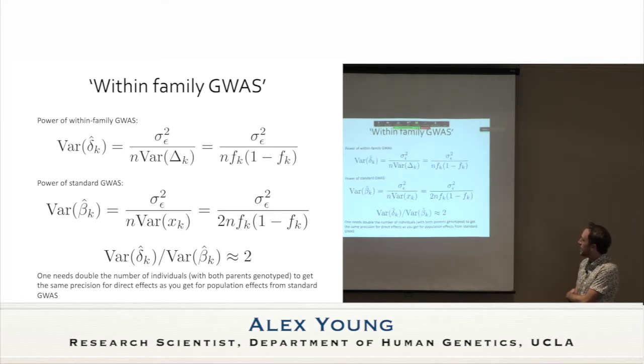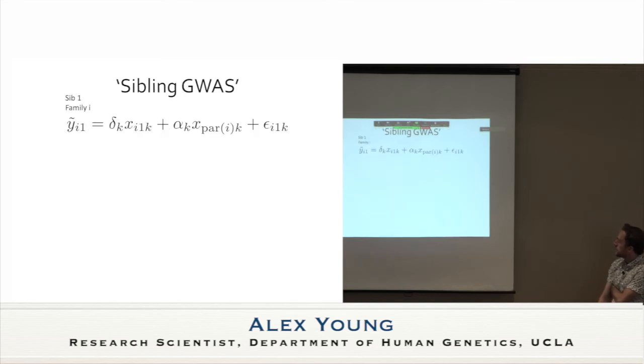So I presented things derived in terms of parental genotypes, and I think that's the right way to think about it, at least. But in practice, what has often been done is using sibling genotypes instead, genetic differences between siblings. So I've got a slight change in notation here. This would be sibling 1 in family i, and I should say family just means individuals that share the same set of biological parents.